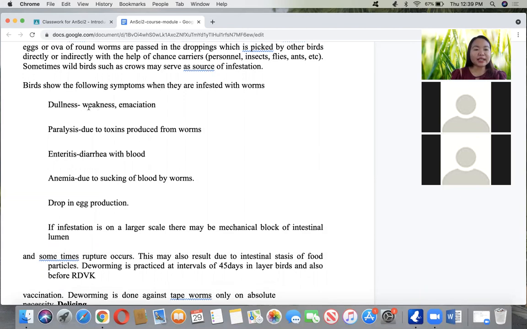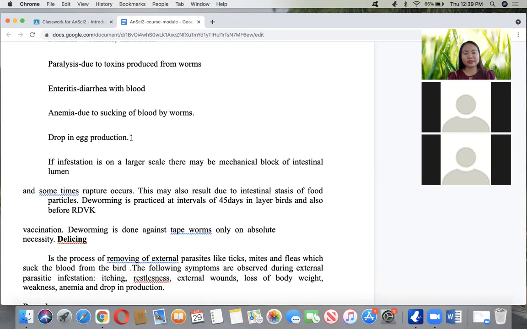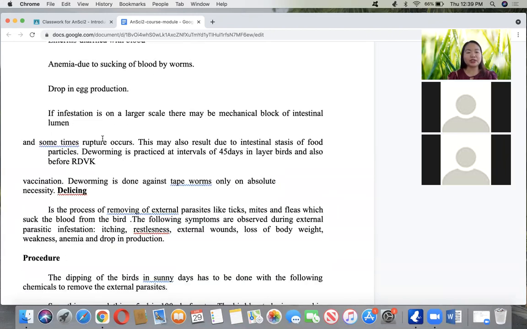So if infested, the following symptoms appear: dullness, weakness, emaciation, paralysis also due to the toxin produced from worms, enteritis or diarrhea with blood, anemia due to blood sucking by worms, and drop in egg production. Ito yung mga common symptoms, no?